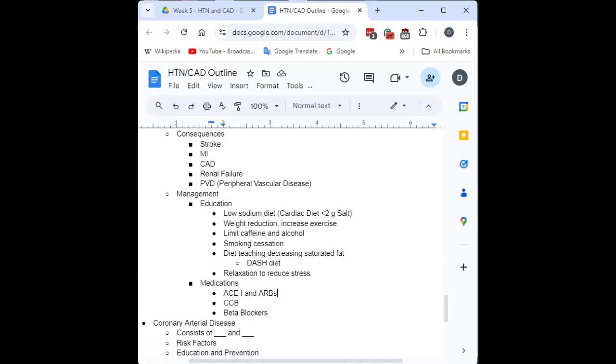What else can you guys think about? That might be good. Blockers.